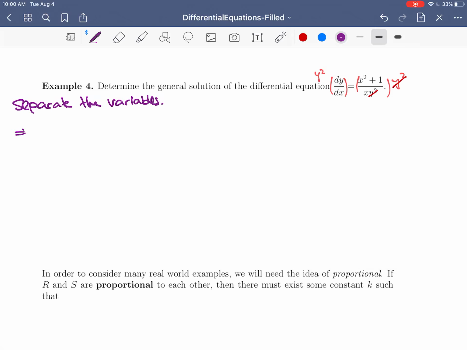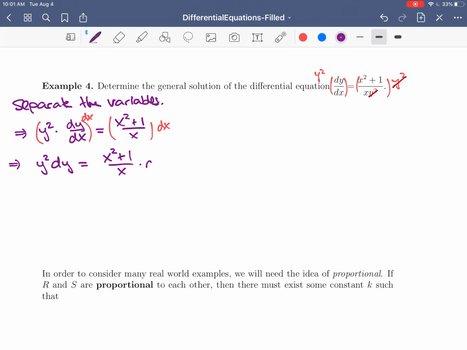Okay, so I'm going to have y squared times dy dx is equal to (x squared plus 1) over x. Okay, and then my next step, I'm going to move the dx over. So now I'm going to times by dx on both sides. And that's going to give me y squared dy is equal to (x squared plus 1) over x times dx.